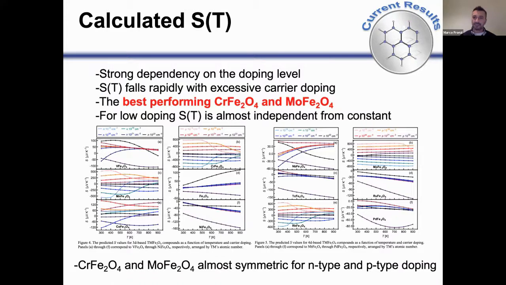So we predict these two compounds to be potentially very useful in thermoelectric application. Also, these two compounds show characteristics in terms of Seebeck coefficient that are almost symmetric for N-type or P-type doping.